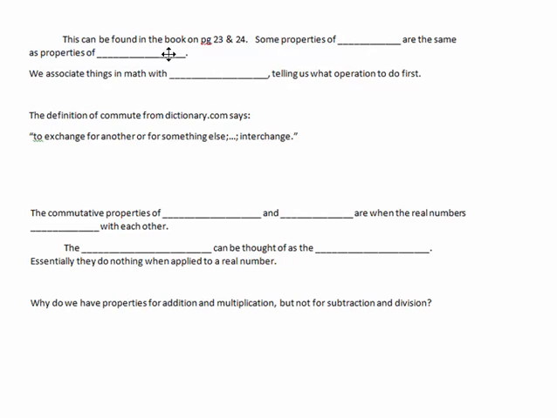Okay, some properties of real numbers. You're going to find this on page 23 and 24 in the book. Some properties of addition are the same as properties of multiplication. So like the associative property. Speaking of the associative property, we associate things in math with parentheses.